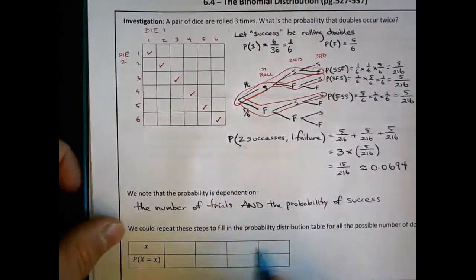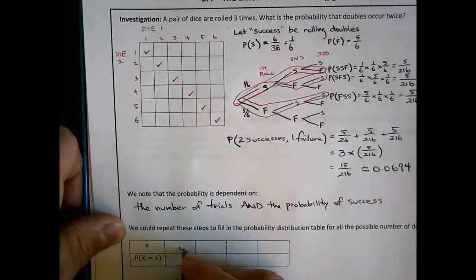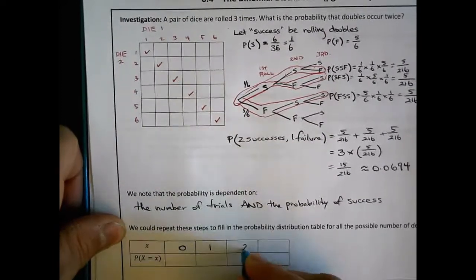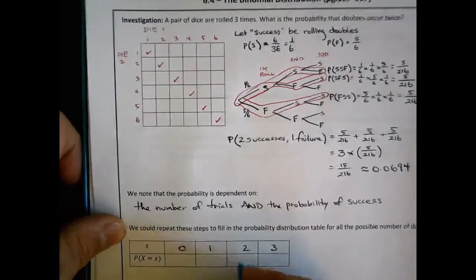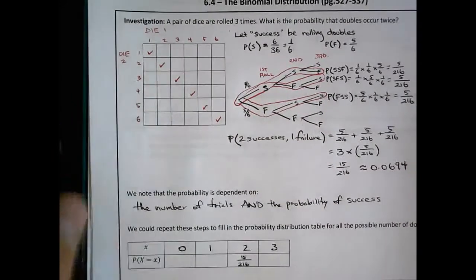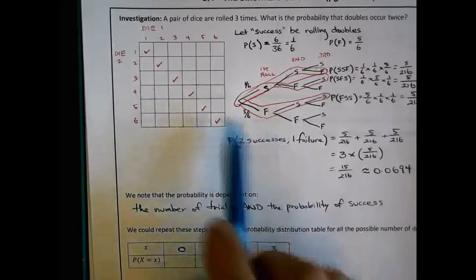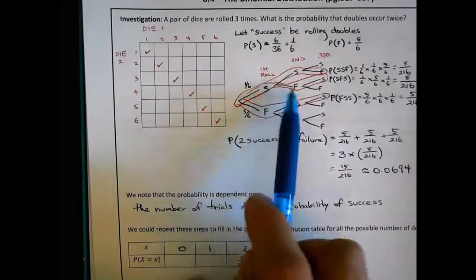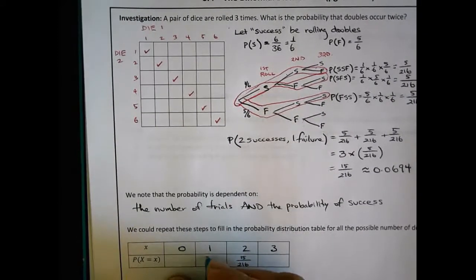So that if I wanted to fill in this distribution table, I could roll either 0 doubles, 1 double, 2 doubles, or 3 doubles. Now the probability of rolling 2 doubles, we just figured out, it's 15 over 216. To figure out the probability of rolling 1 double, you could go through and figure that out from your tree. You'd have to add up all the probabilities where I have just 1 success and 2 failures. 75 over 216.